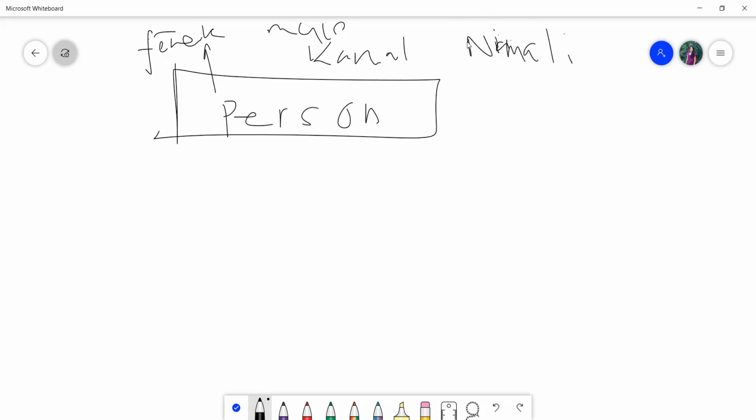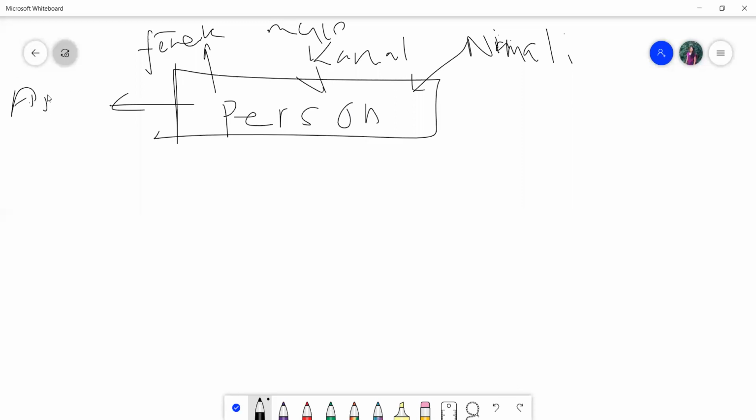Nimali also belongs to this person entity. When we consider these are the values for this entity, is it correct? Yes, madam. Yes, you can take any values like this.